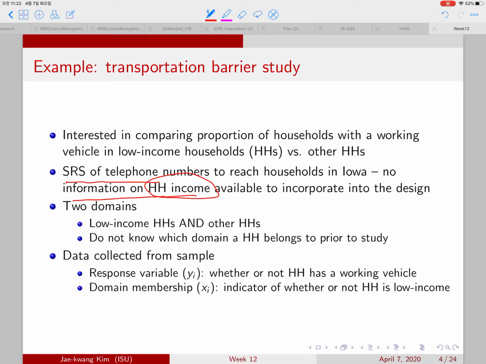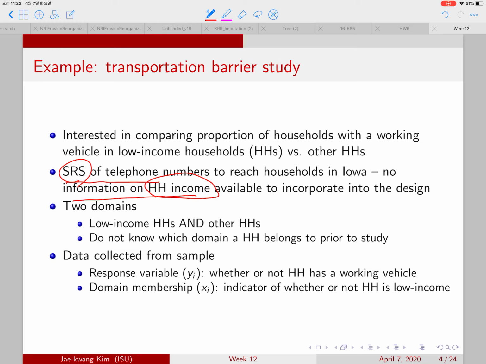If we had that information available, we could do a stratified sampling. We could stratify the population based on the household income level, but we don't have that information in the sampling frame. So that's why we just use the simple random sampling.